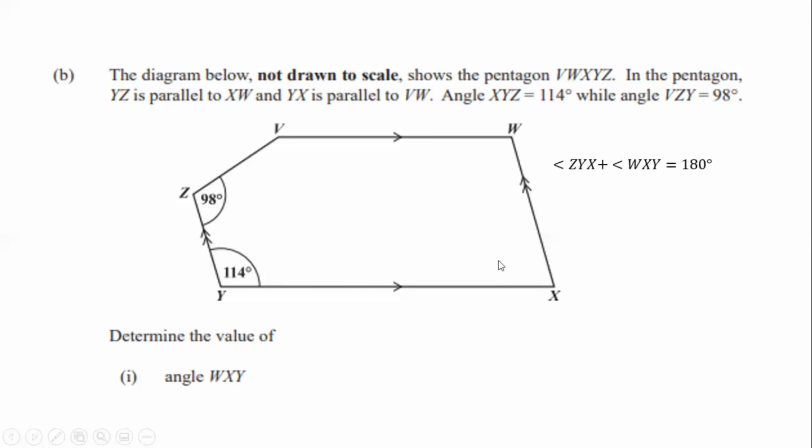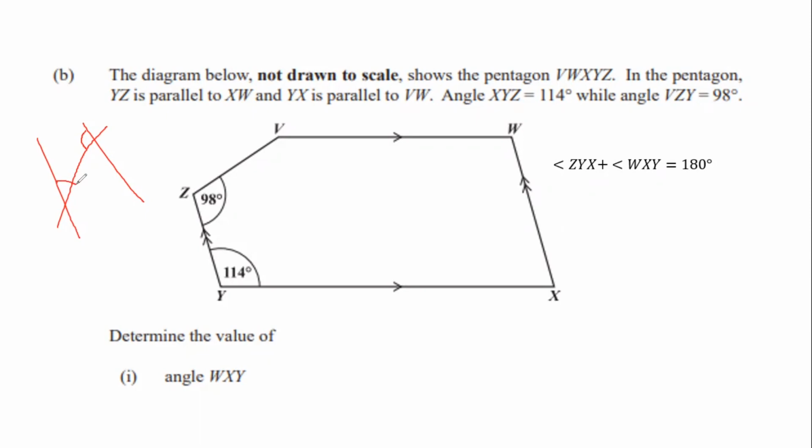When we look at these by themselves, it usually looks like this: parallel lines cut by a transversal, and co-interior angles add up to 180 degrees, so they're basically supplementary.